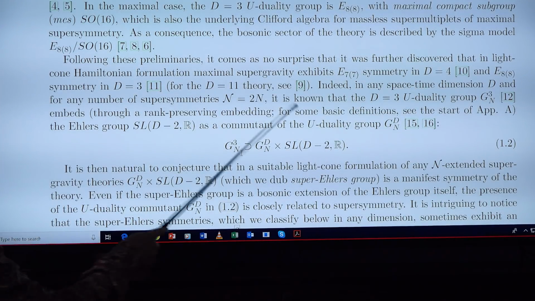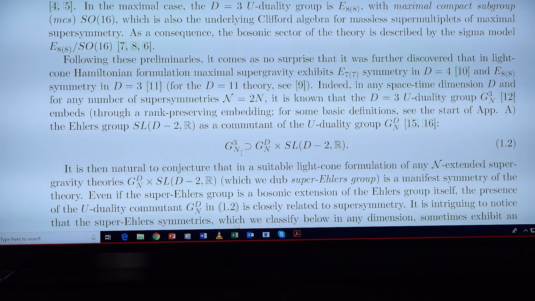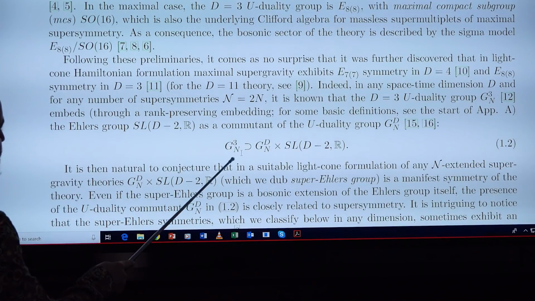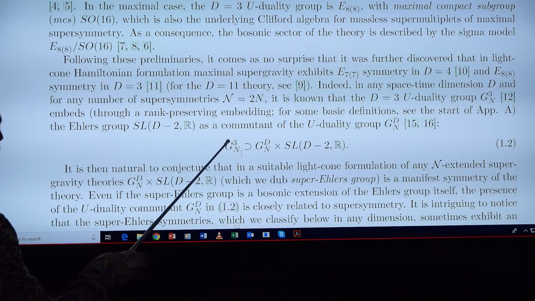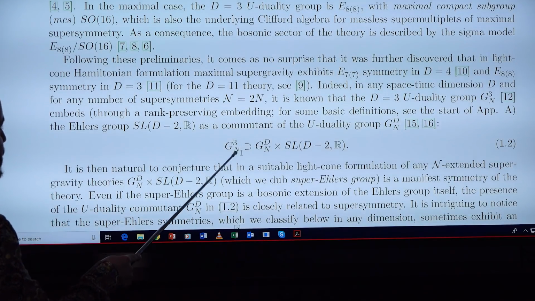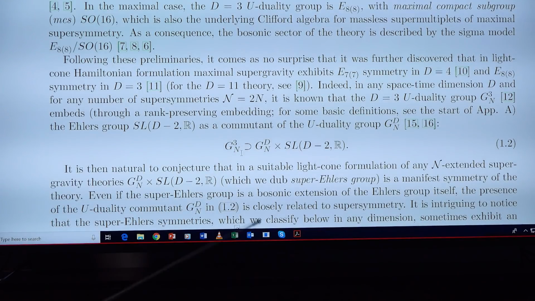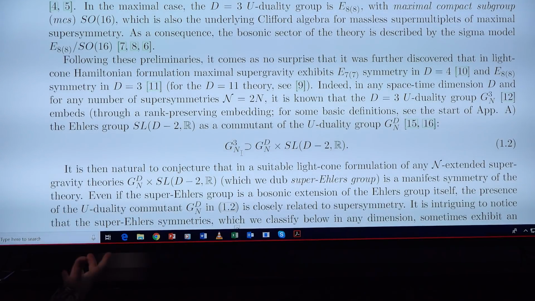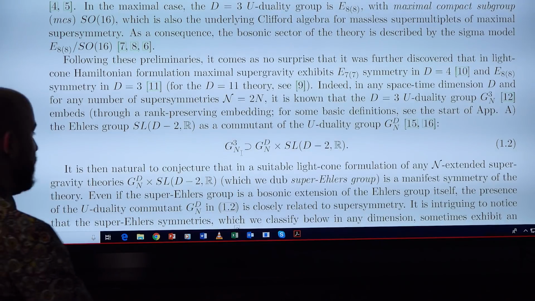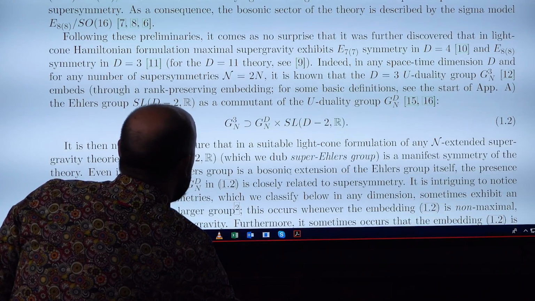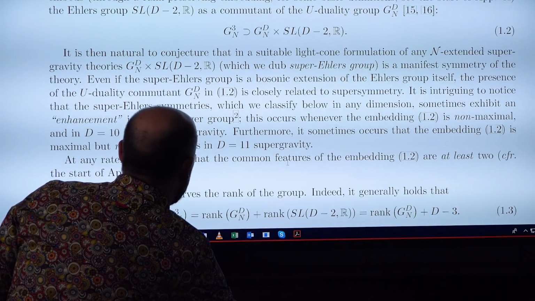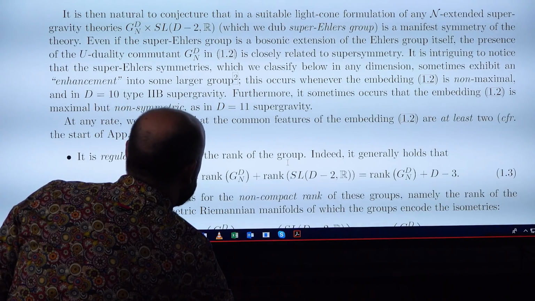Why did we dub these Super-Ehlers? Because these symmetries are electromagnetic duality symmetries and are essentially encoding the information also concerning the local supersymmetry. So even though this is all bosonic, this bosonic structure is enhanced by local supersymmetries. These embeddings have a number of features.